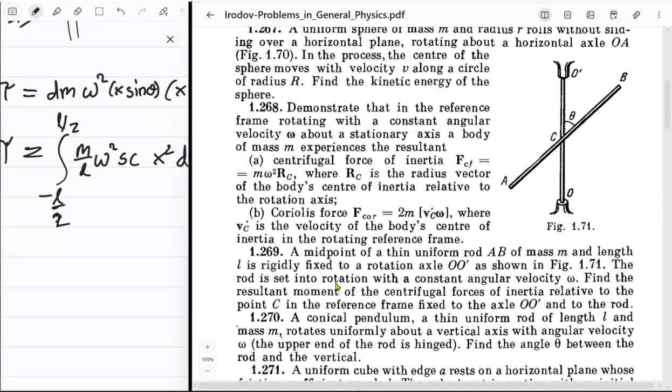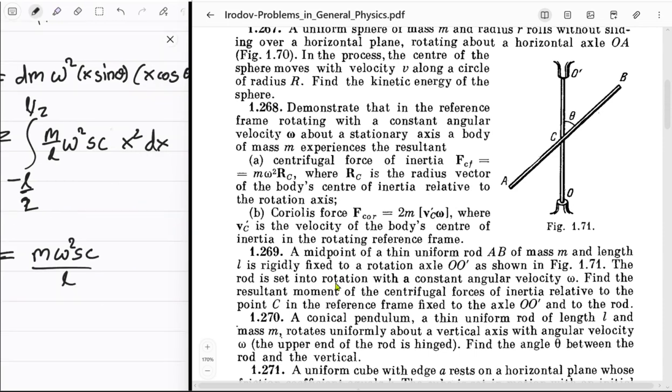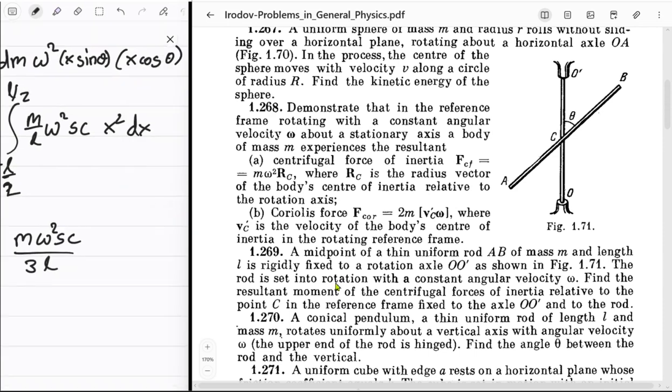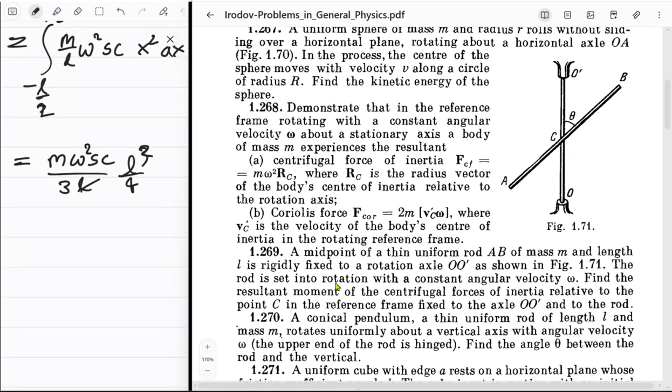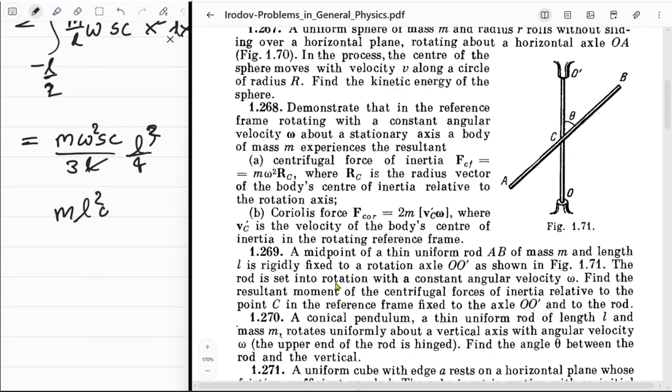Get over with it. So it is what? m omega squared sine theta cosine theta upon L. Then you got x cube upon 3, so just 3 over there, and then x cube, right? L upon 2 cube, L cube upon 8, plus, yeah, so like L cube upon 4. Cool. So this cancels L squared. m L squared omega squared sine cosine upon 12. That's the final thing. Wow, this was weird.